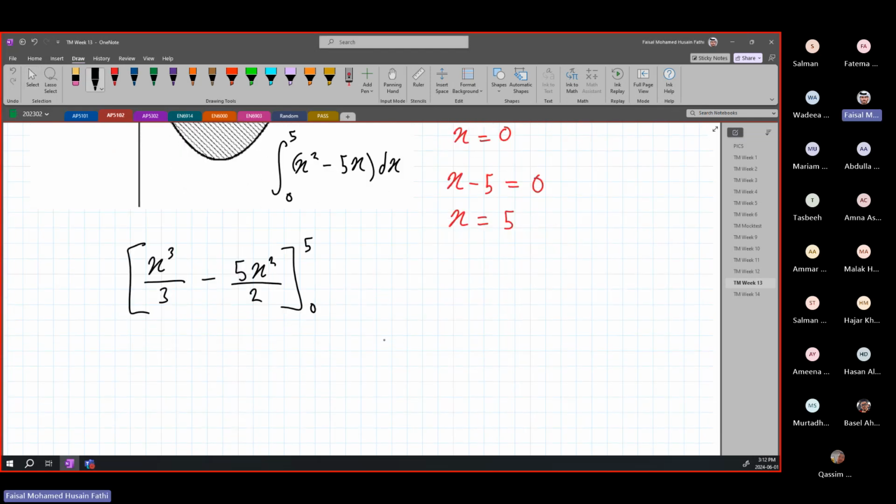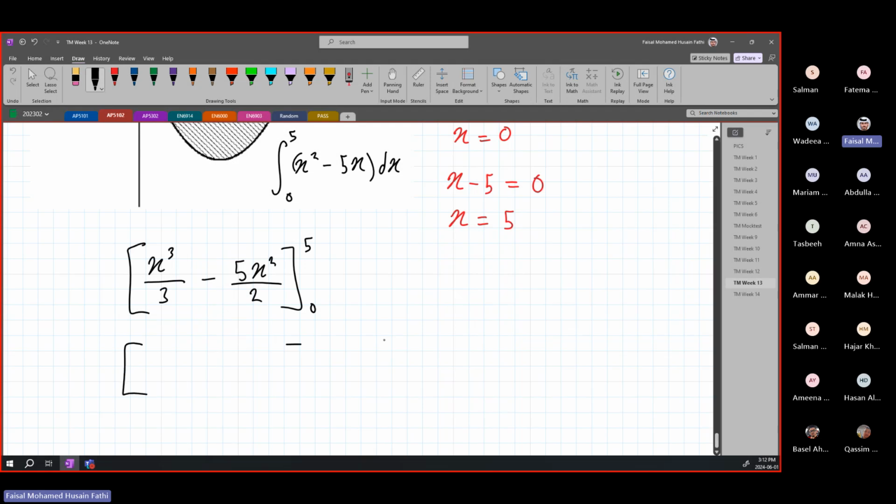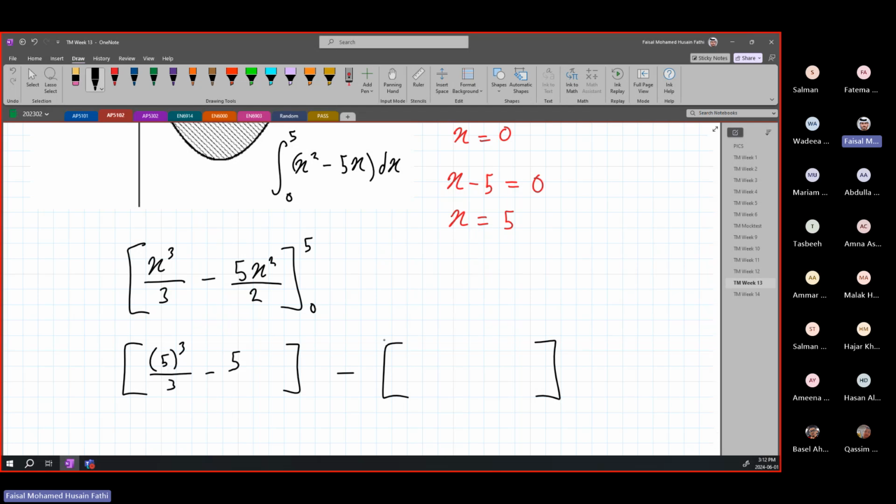Then you just have to plug in your values. So you do your brackets, your first bracket minus your second bracket. You're going to have 5 cubed over 3 minus 5 into 5 squared over 2. Again, don't get confused, this is just the 5 over here. We're plugging in.